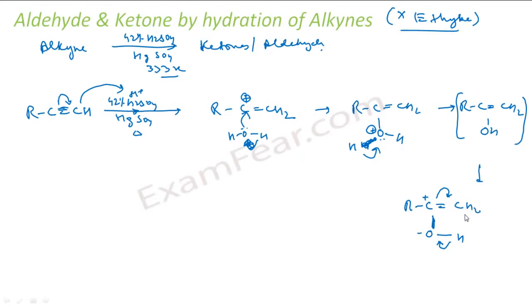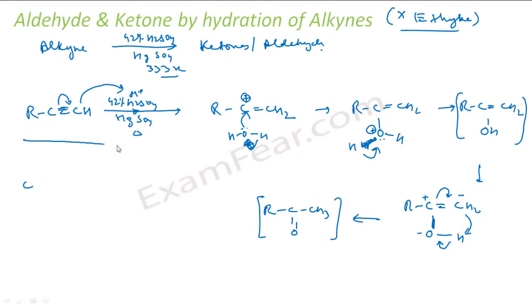See, this bond will break, and this carbon will get a slightly positive charge, slightly negative charge here. H will become H plus and O minus. So O minus and C plus will form a bond, and this H plus will attack this carbon. So what you get is RC double bond CH3. This is the mechanism for this reaction.